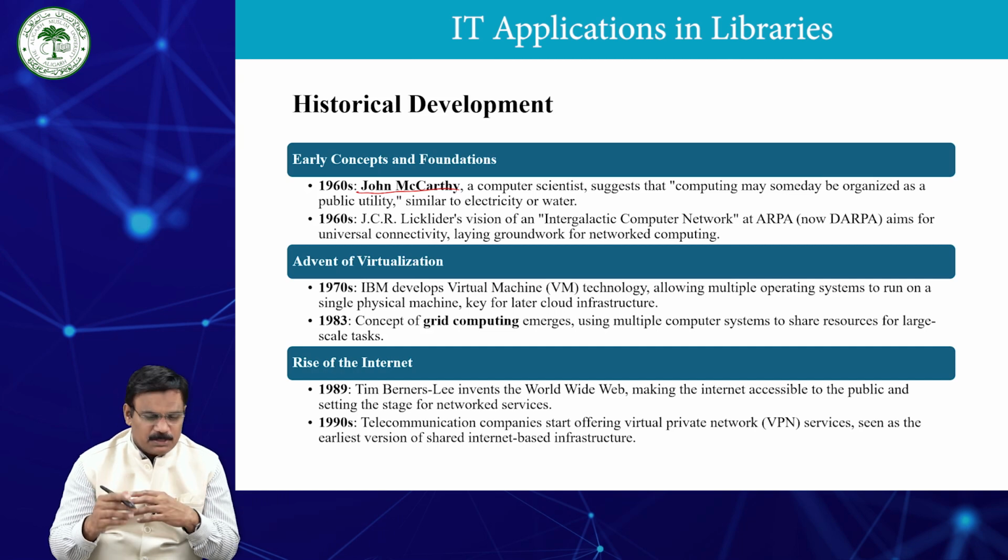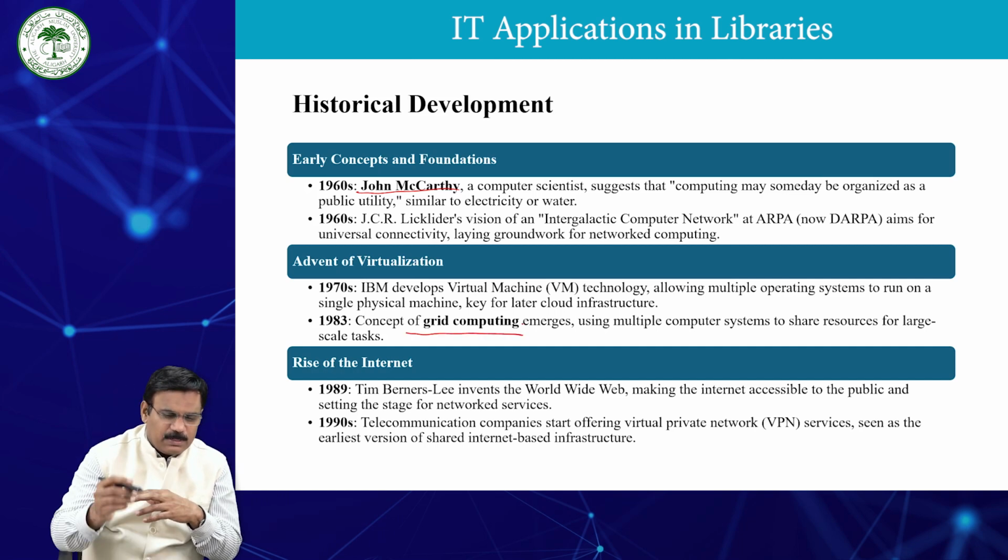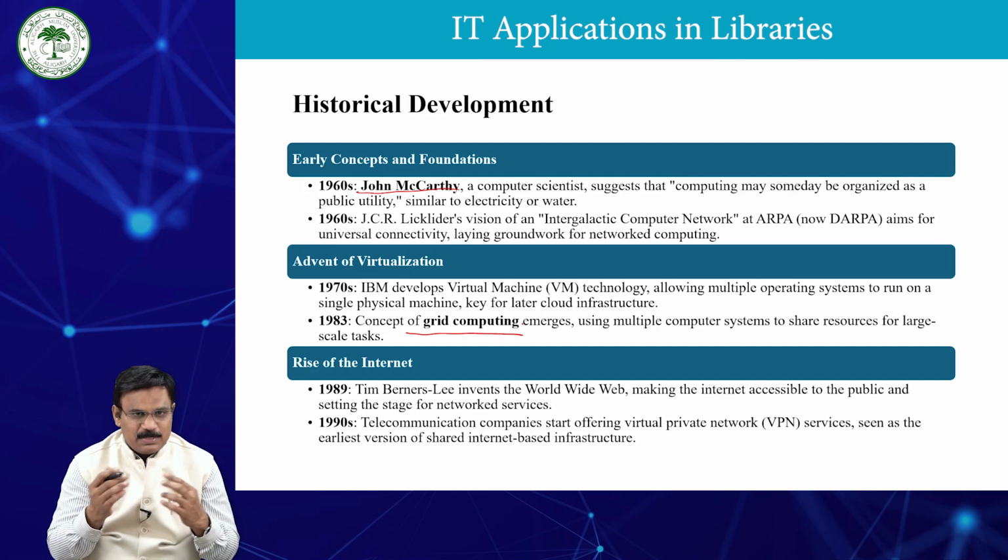In 1983, the concept of grid computing emerged, using multiple computer systems to share resources for large-scale tasks. In 1989, as you know, Tim Berners-Lee invented the World Wide Web, making the internet accessible to the public and setting the stage for networked services.